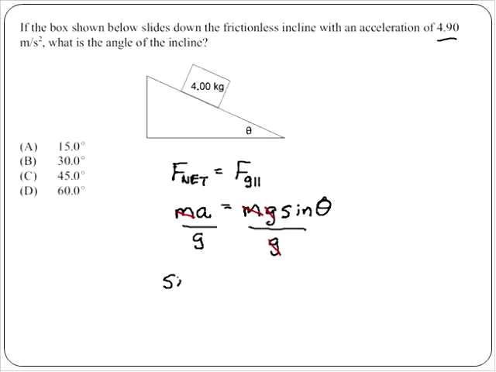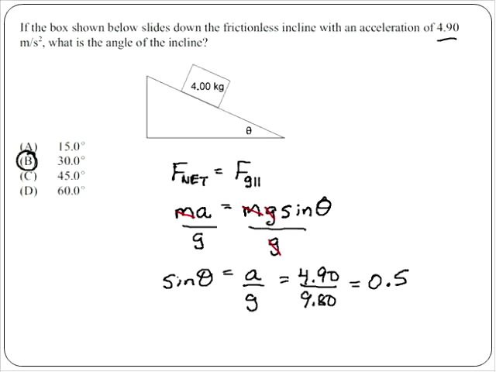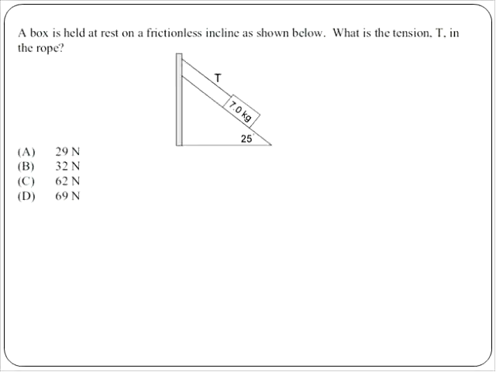And I've got sine theta equals the acceleration divided by g, which is 4.90 divided by 9.80, which is 0.5 or a half. And you should all know what angle has a sine of a half. It, of course, is 30 degrees. So the answer is B. The sine of 30 degrees is 0.5. So you just do a second function sine on that to get the answer. All right. Let's try the next one.